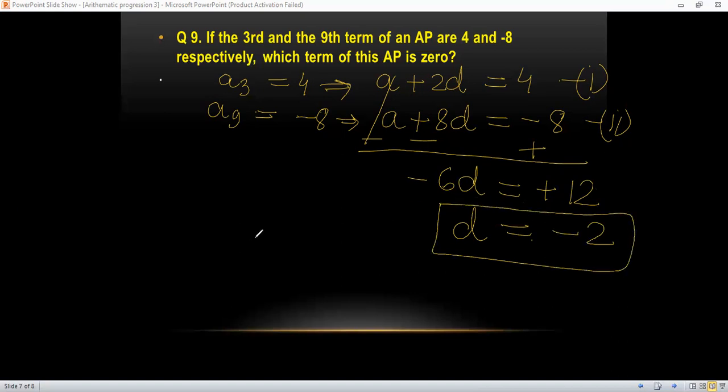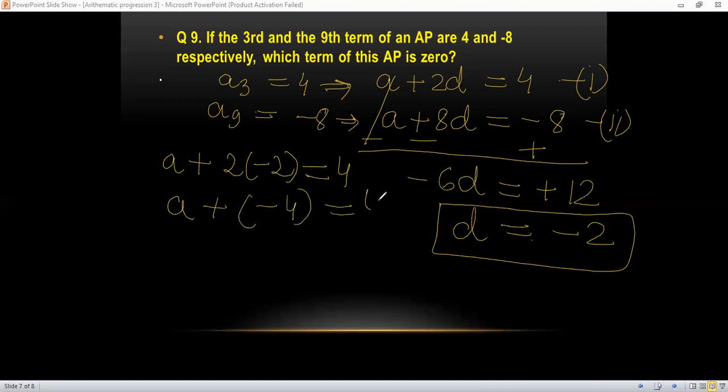So this is the value of D. Now substitute D in the first equation. A plus 2 into minus 2 is equal to 4. So A plus minus 4 is equal to 4. So the value of A will become 8.